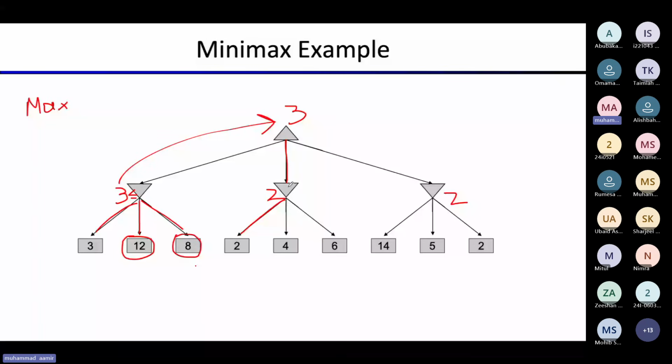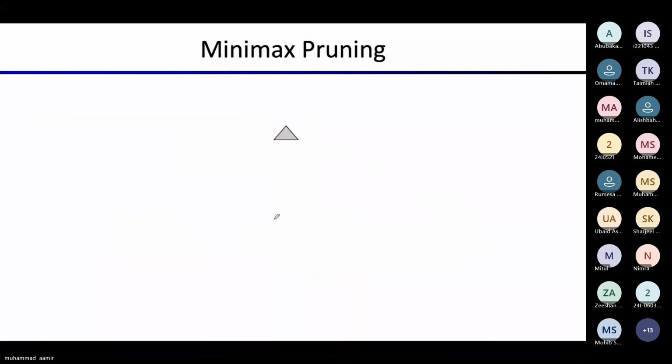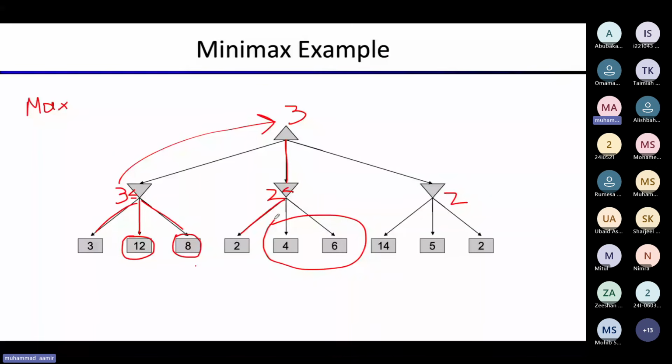But I am not interested in even 2. I take the value that is going to be greater than 3. So that is why min has no need to even visit these other two states. These particular states will be removed from the tree, will not be explored in the game tree. And you will get the value 2.